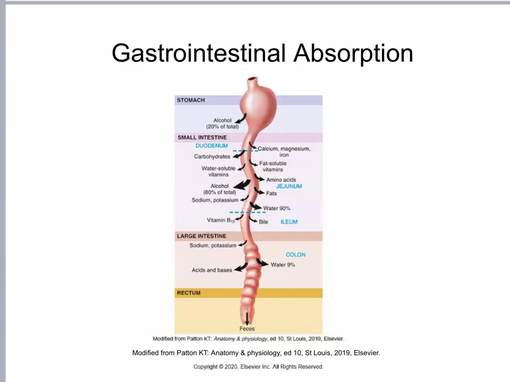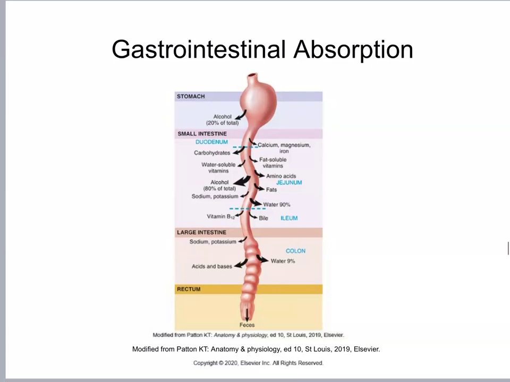If you make the mistake of drinking on an empty stomach, you're going to feel it because 20% of alcohol is absorbed in the stomach. And you can see it listed where each nutrient and vitamin are absorbed. It's a fascinating chart to me.